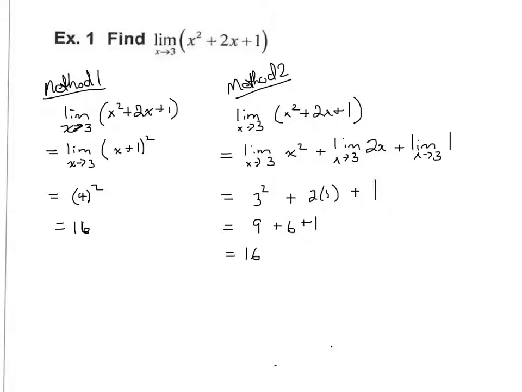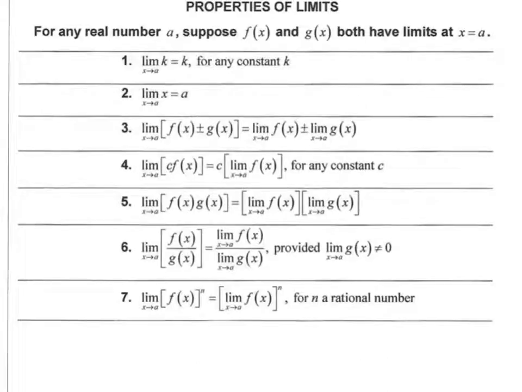So we can break this apart into individual parts, and it still gives us 16. In this polynomial case, direct substitution into either form gives us a result of 16, which is the answer.